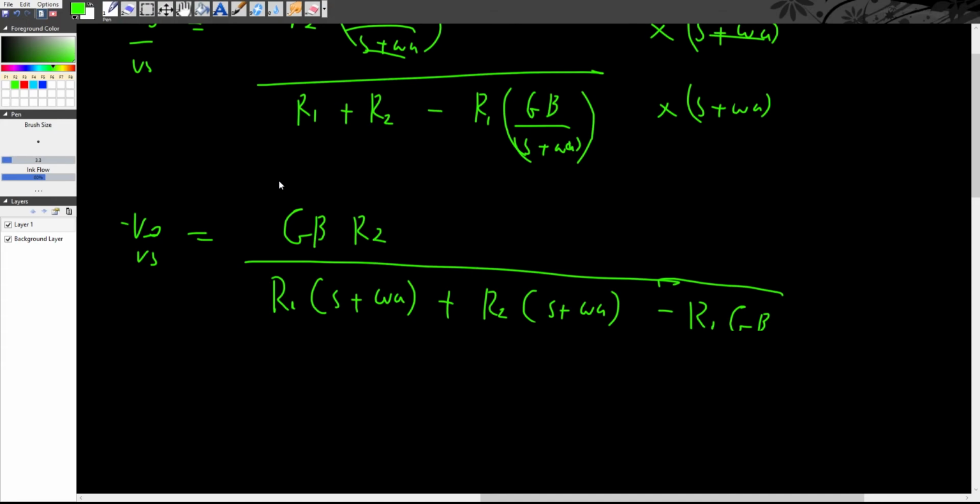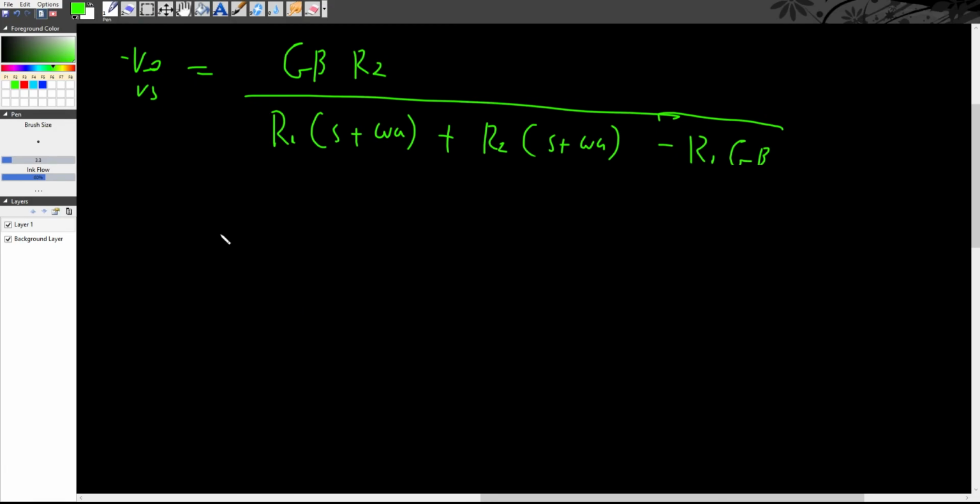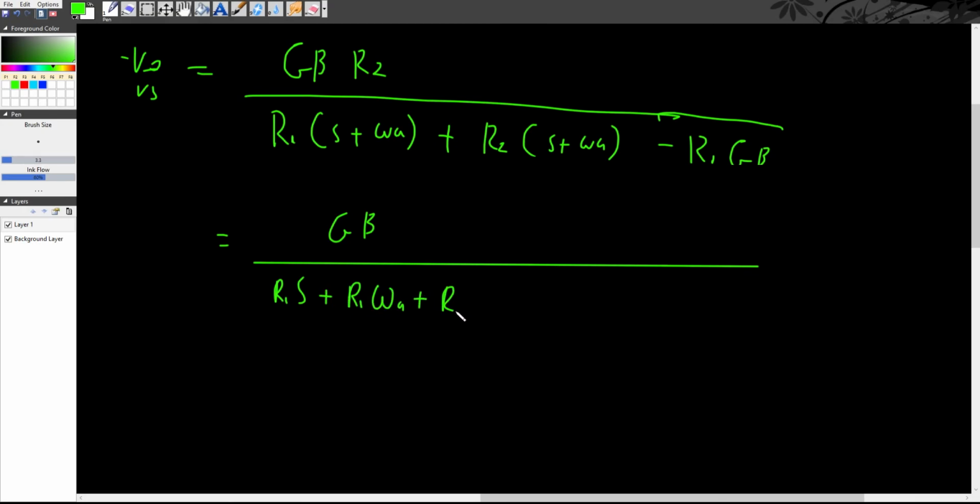So continuing on this particular question, let us solve this question some more. So first of all, let's expand the bottom part. So this is going to be GB divided by R1S plus R1 omega A plus R2S plus R2 omega A minus R1 GB.